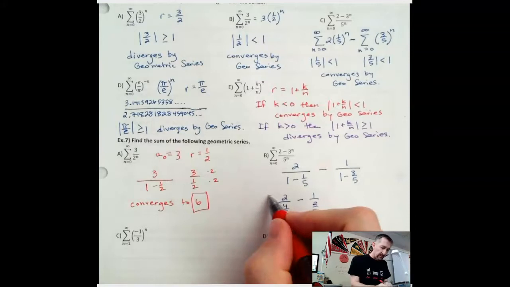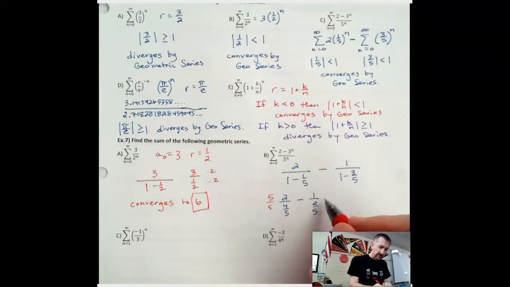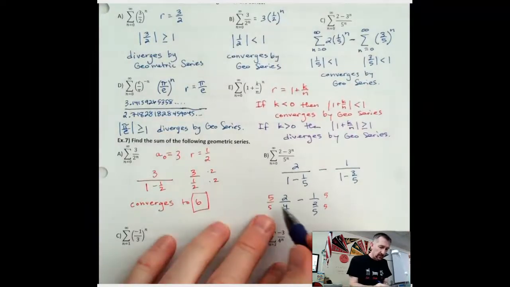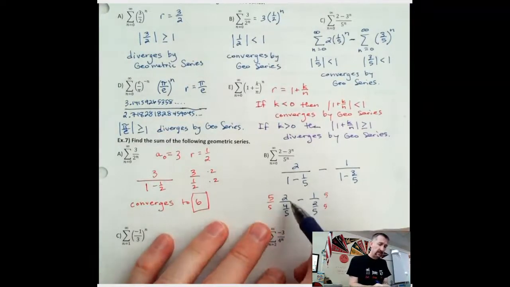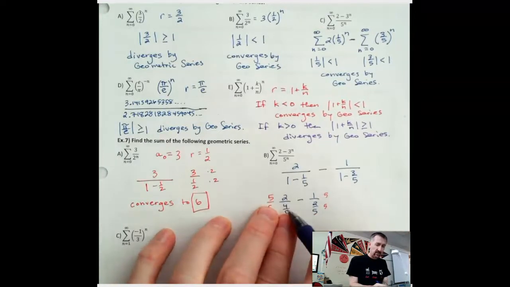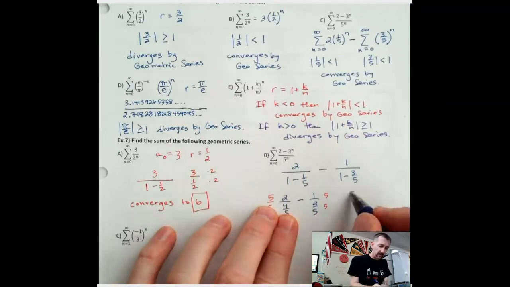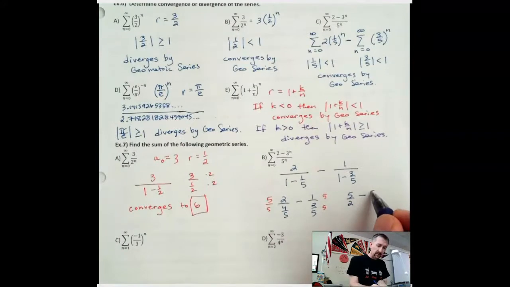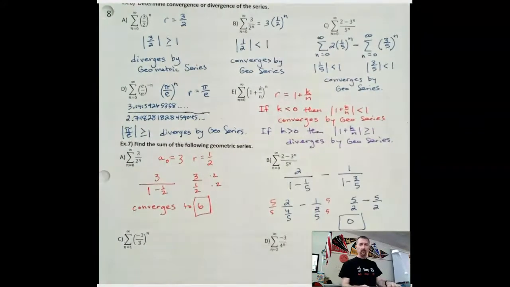So this one I'm going to multiply by 5 over 5, and this one also by 5 over 5. So that's going to be 10 over 4, which is 5 over 2, minus 5 over 2 also. So that converges to 0.